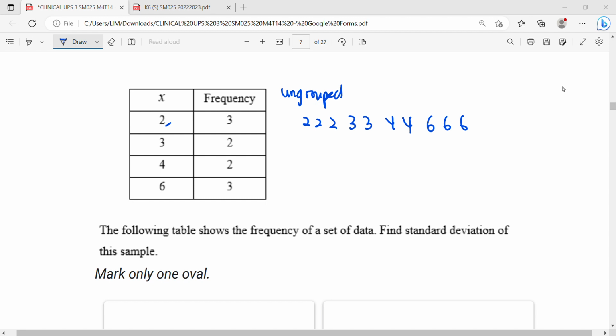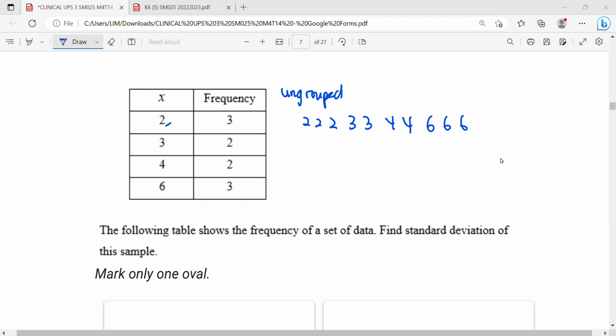Got it. Then we just key in data 2, data 3, data 4, data 6, frequency 3, 2, 2, 3.